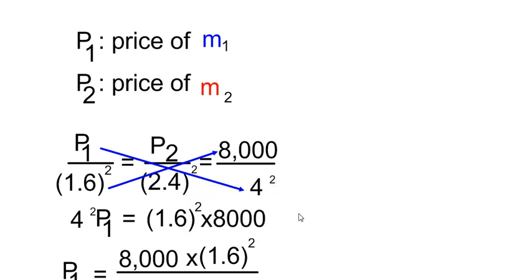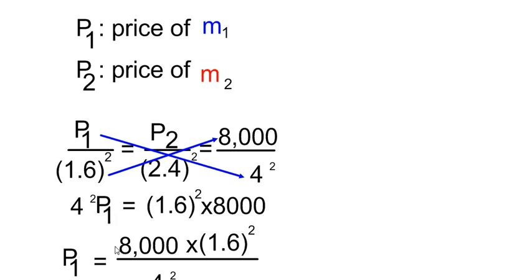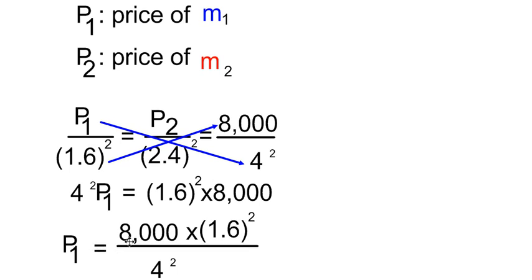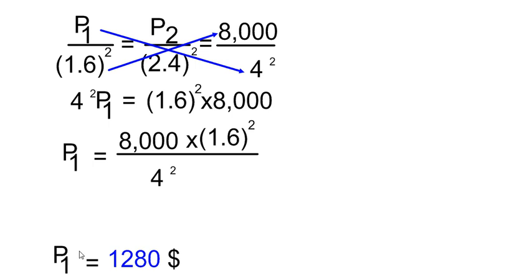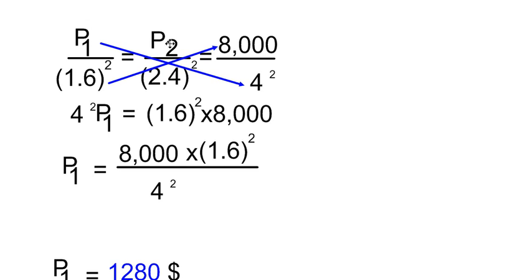So if we want to find P1, P1 is equal to 8,000 multiplied by 1.6 squared over 4 squared. So P1 is equal to $1,280.